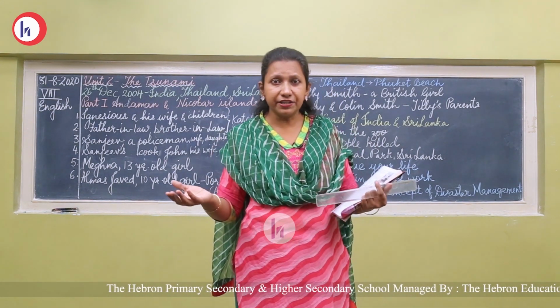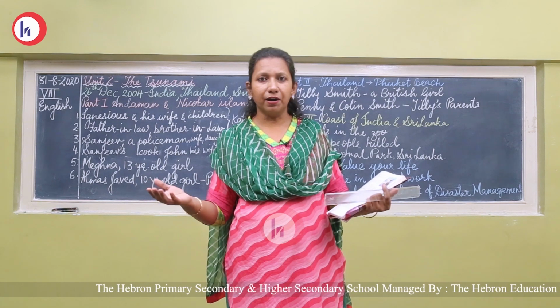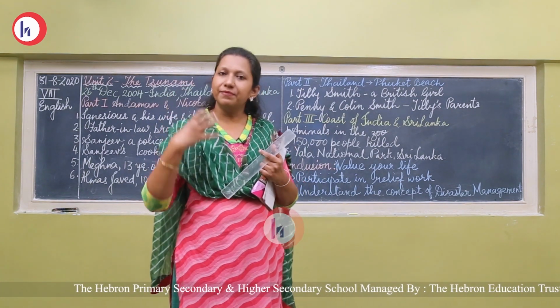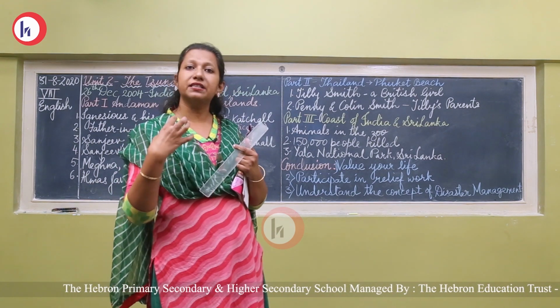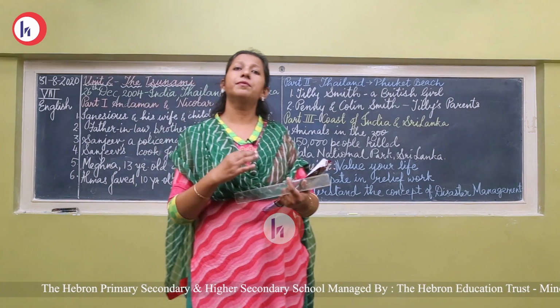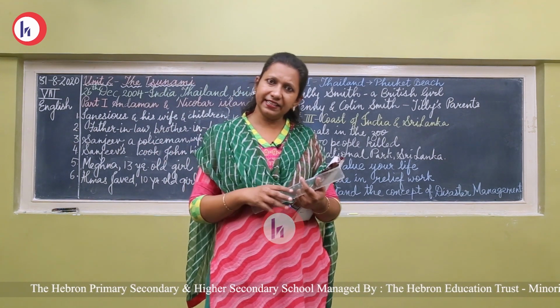So what about other creatures? What about animals? What about birds? God has given them a sixth sense to try to save themselves during such dangers. So here in this third part, it is discussed, do you believe that animals have a sixth sense?